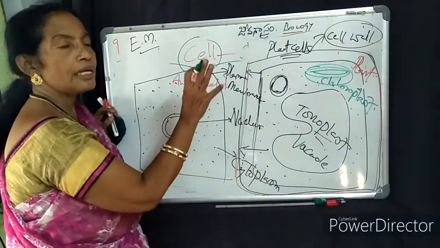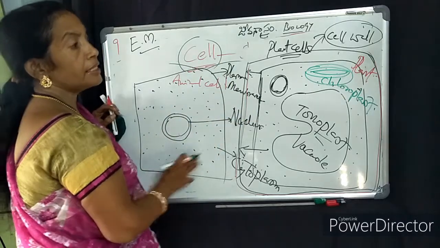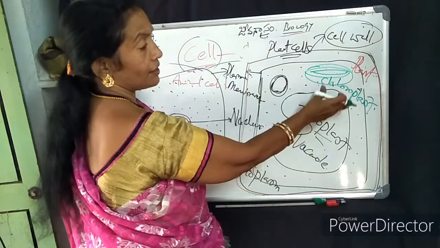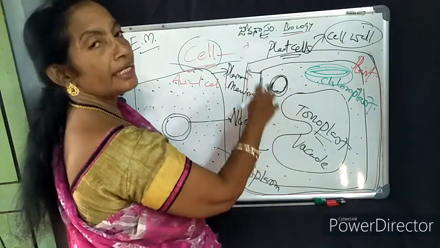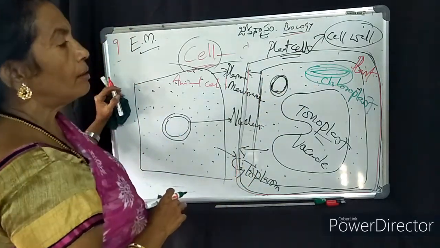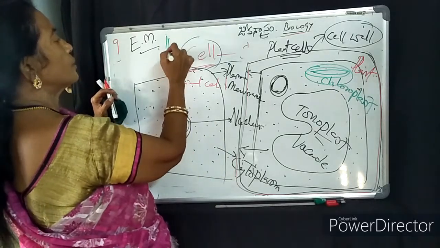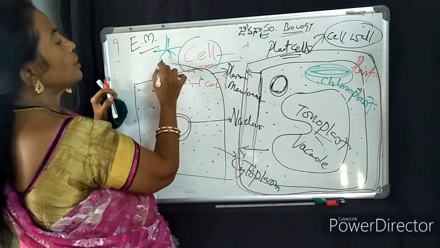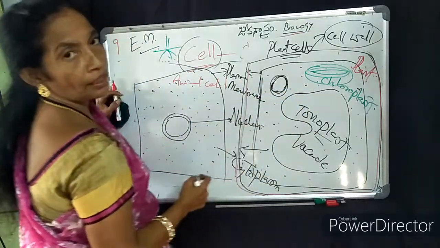We never see chloroplast in animal cells. This is the peculiar, special character of the plant cell. We see chloroplasts in each and every cell of the plants. But plants have roots, and in roots we do not find any chloroplast.